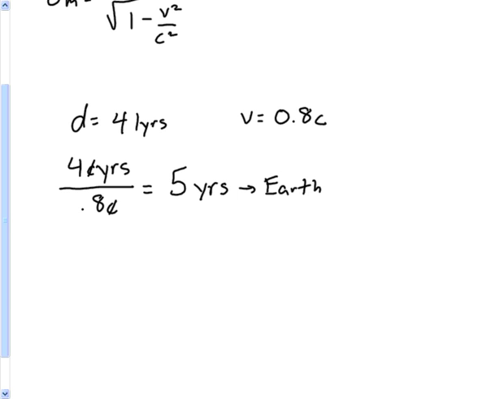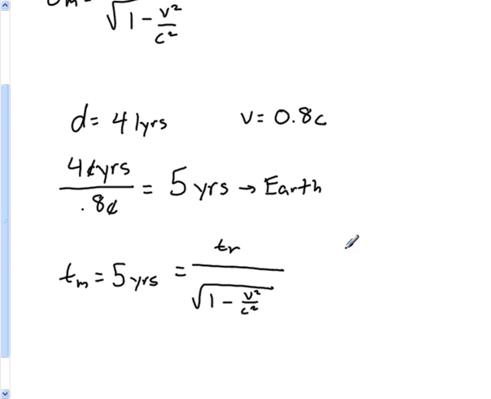So we know that t moving is, in this case, equal to 5 years. And that equals t at rest over the square root of 1 minus v squared over c squared. Remember that v squared is 0.8c, that whole thing squared.